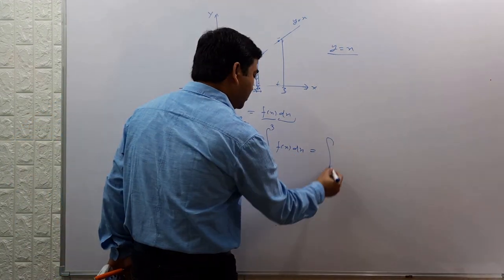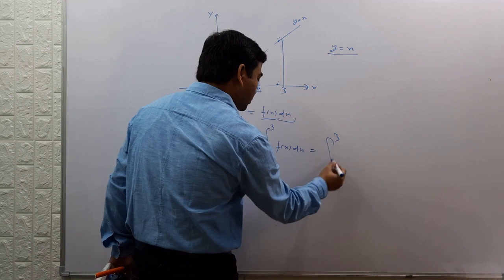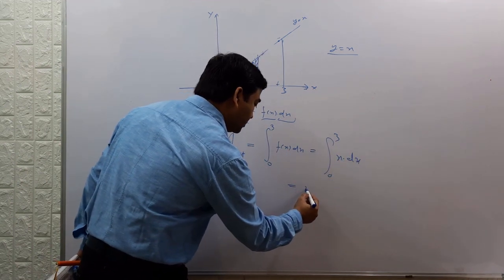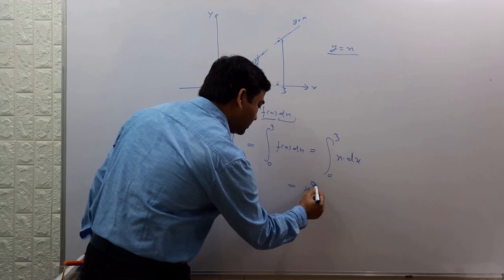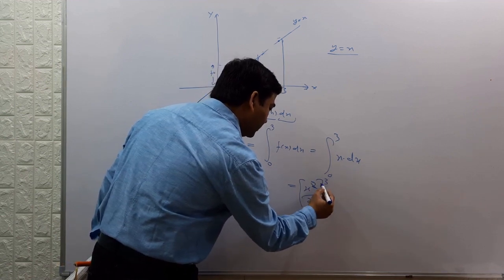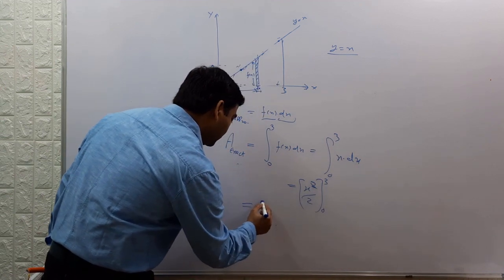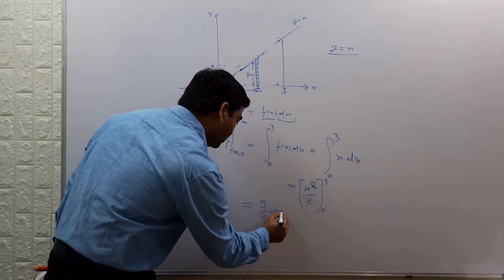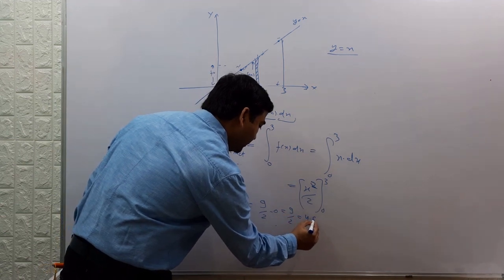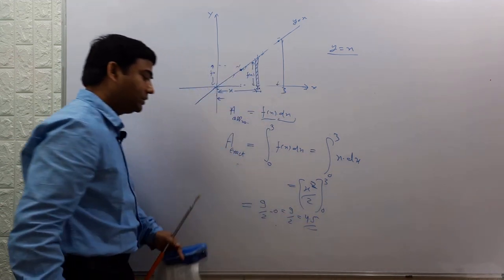Now you put the value of f(x): integral from 0 to 3 of x dx. You know it is x square by 2, from 0 to 3, and this is 9 by 2 minus 0, equal to 9 by 2, equal to 4.5. This is the exact area.